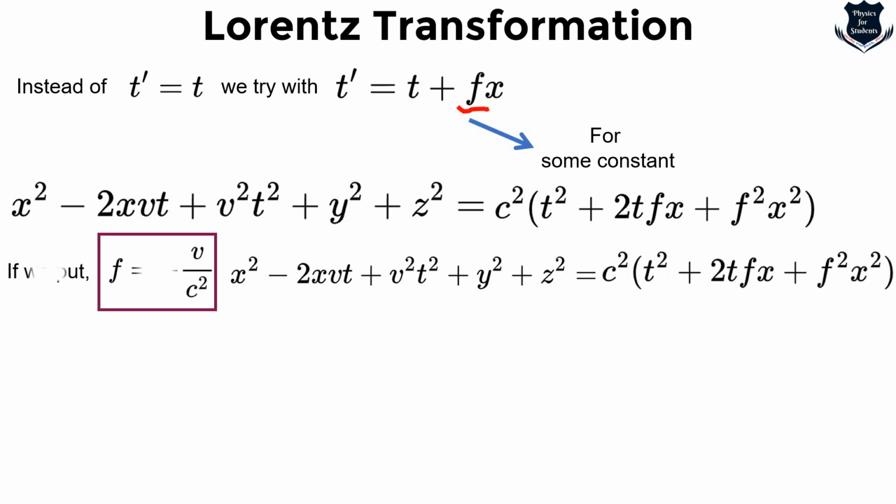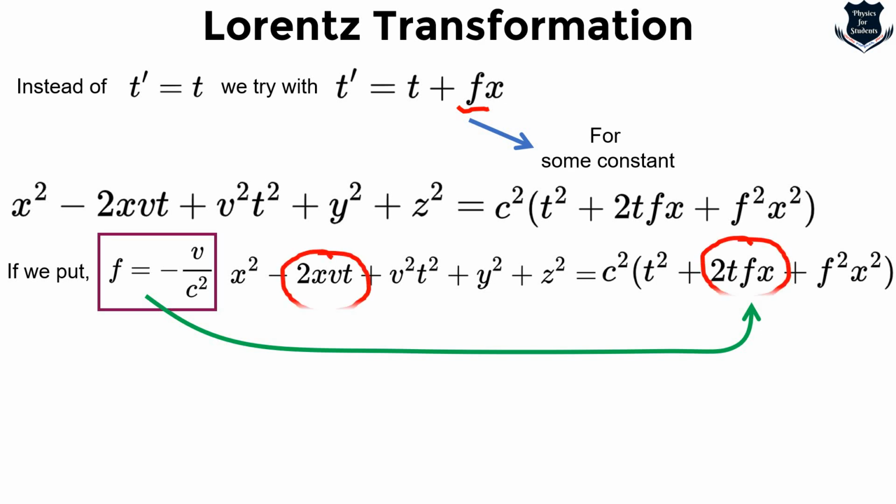If I put f equals minus v over c squared over here, I'm putting this value over here, and what I get is that these two values get cancelled out.